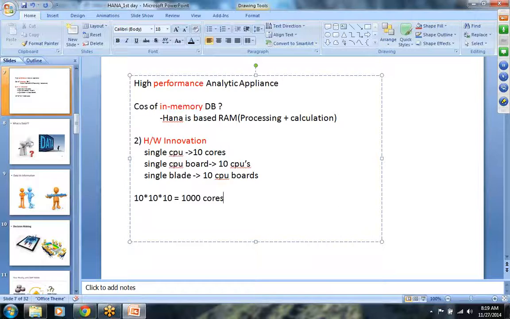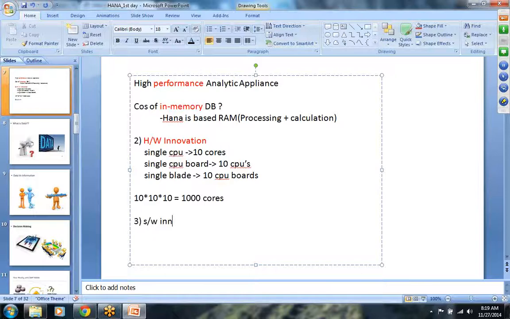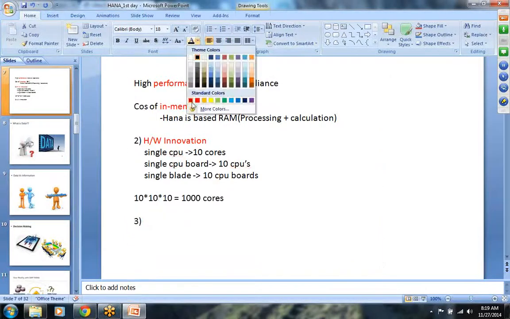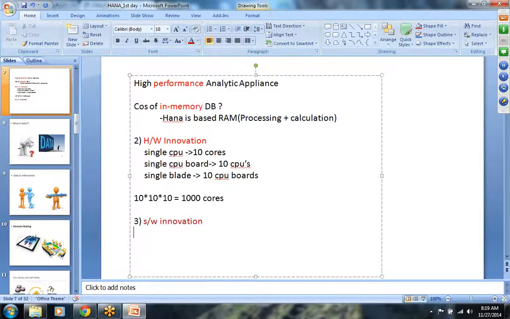First one is it's based on RAM. Second one is it's hardware innovation. And third one is software innovation. What is the software innovation? I would like to say it is a hybrid database.